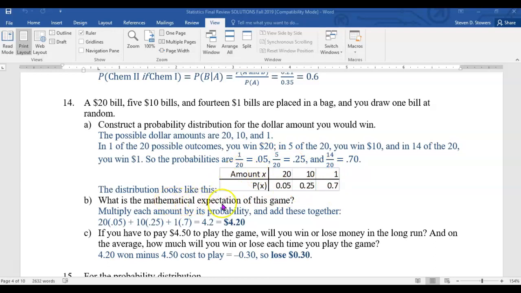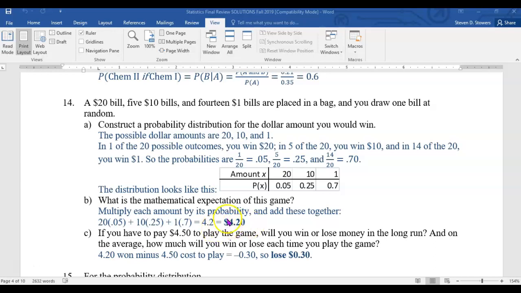To calculate the mathematical expectation or expected value, you multiply each dollar amount times the probability that goes with it and add those together. 20 times 0.05 plus 10 times 0.25 plus 1 times 0.7, that adds up to 4.2. And if you just wrote it as 4.2, you wouldn't be wrong, but it represents a dollar amount, so it's kind of weird to write it that way.